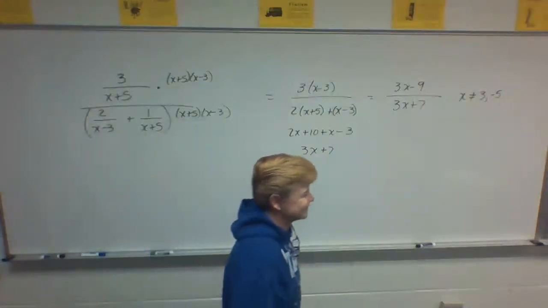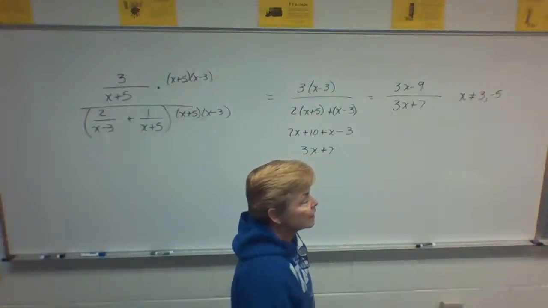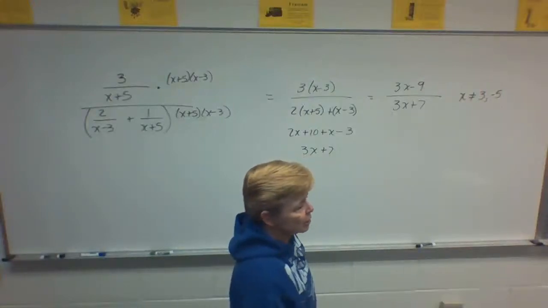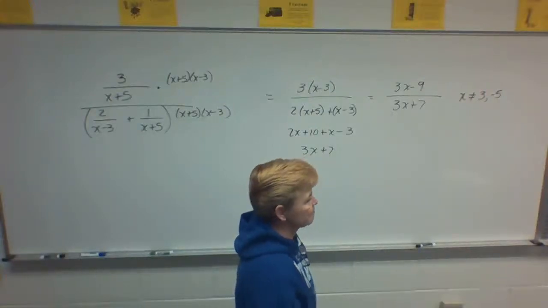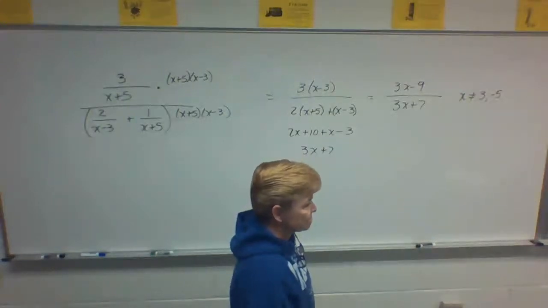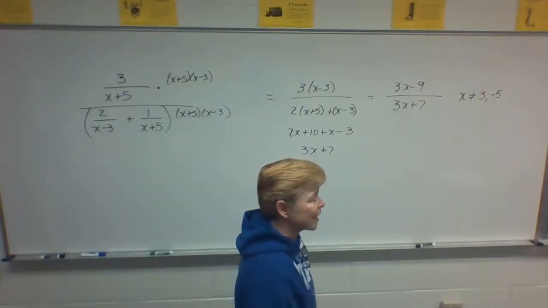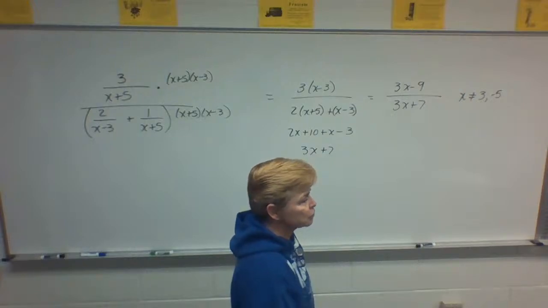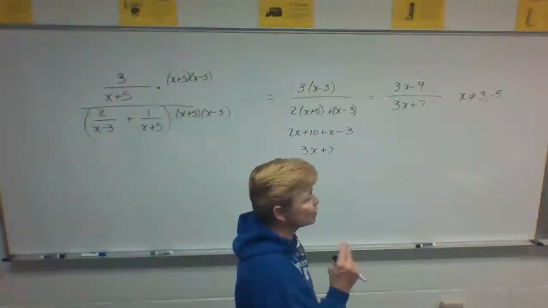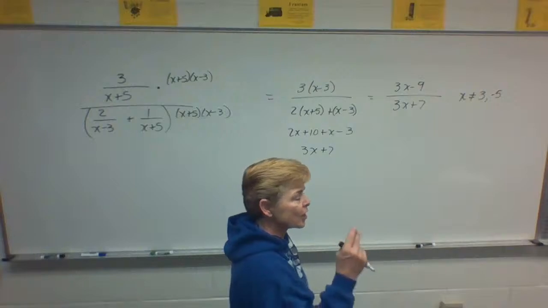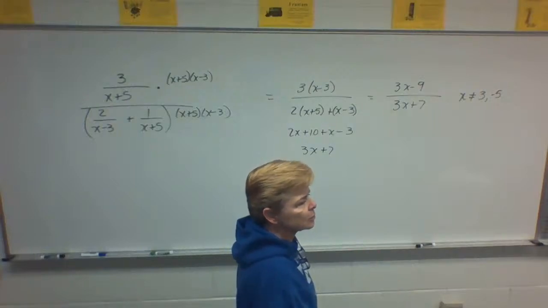You better know why. That top one is a factor, but the bottom one is not. Do you understand? Did you get the same thing I got? Yep. Do you understand that it is done? There is no canceling left. 3x and 3x, they're both the same term, but they are terms. That's the operative word there. Terms are not cancelable.